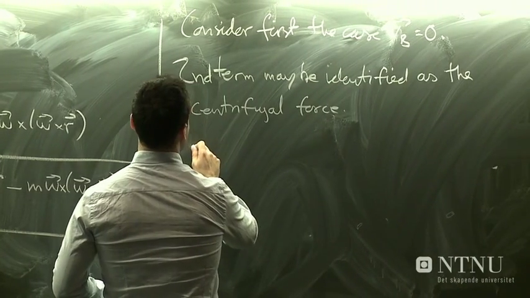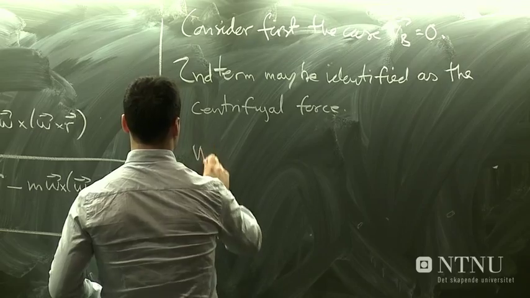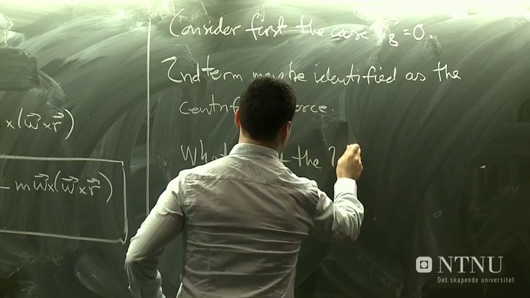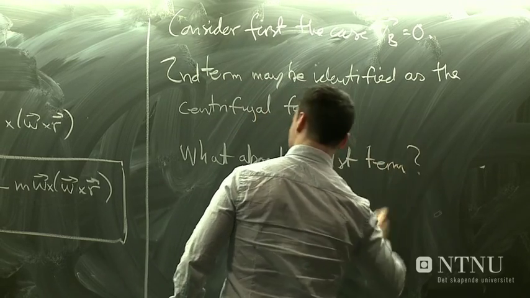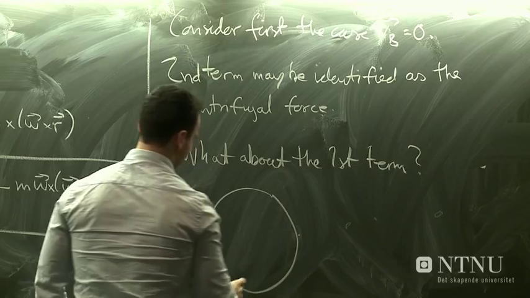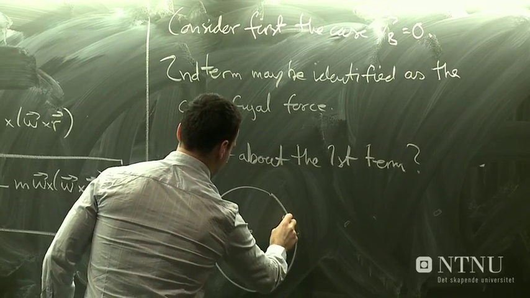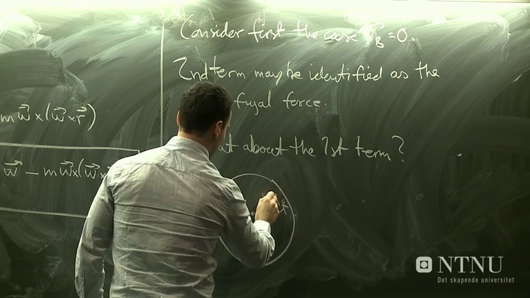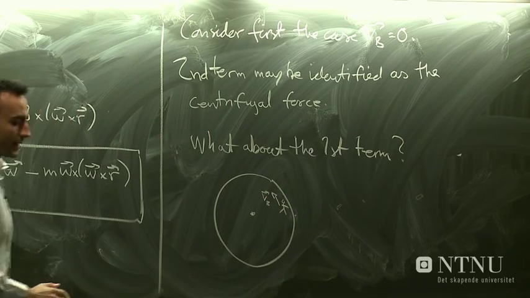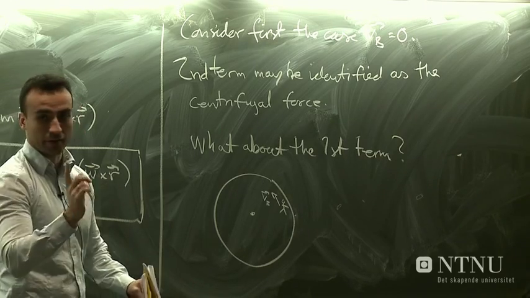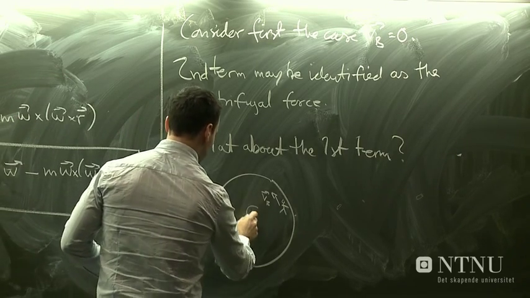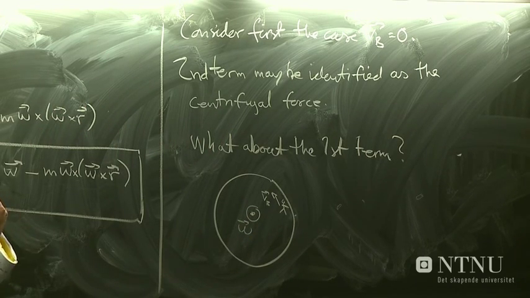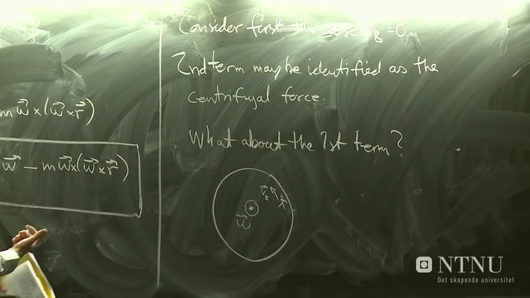So let's try to see if we can visualize this somehow. Here you are. And let's say you're trying to walk on the edge of this carousel, which is spinning. So let's say it's spinning like this, so the angular velocity points outwards.